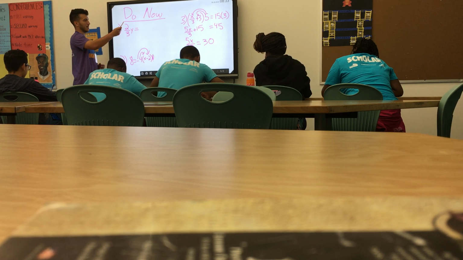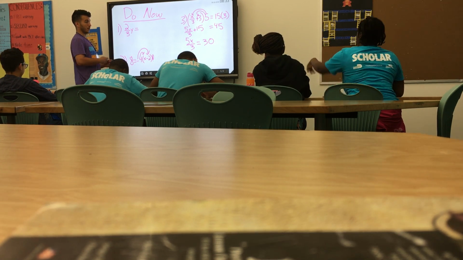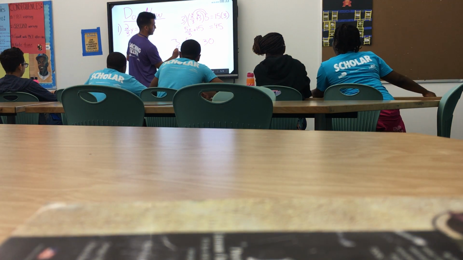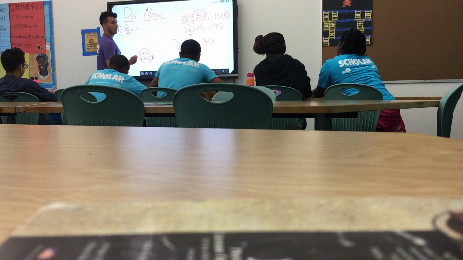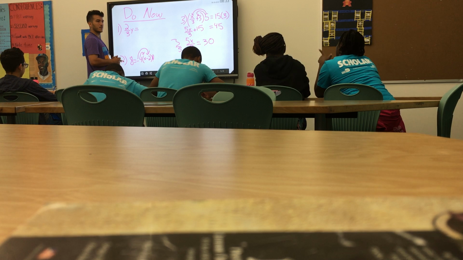Mariana, Chanel, is x as lonely as it could possibly be? No, right? What do we have to do? You have to put 3 over 5 there, and then you put it on the other side. So what am I doing with this 3 over 5? You're isolating x by crossing it out, and then putting it on that side.